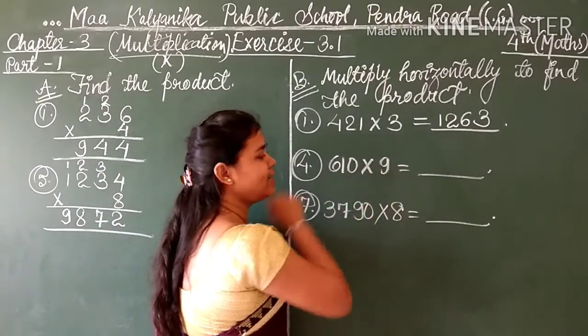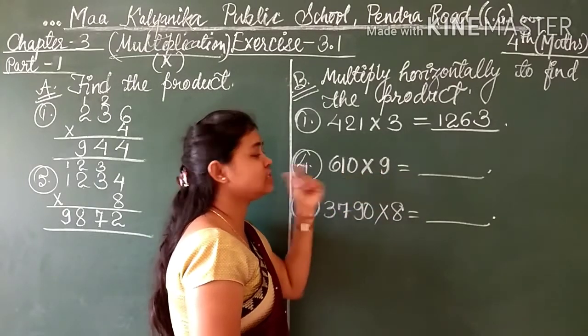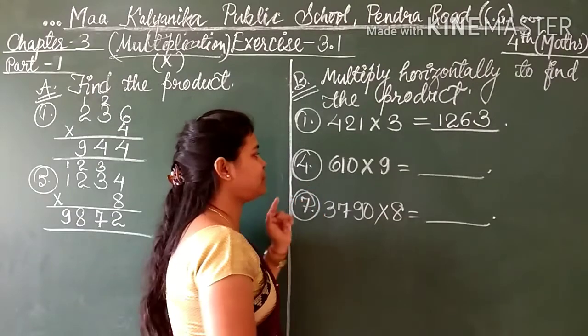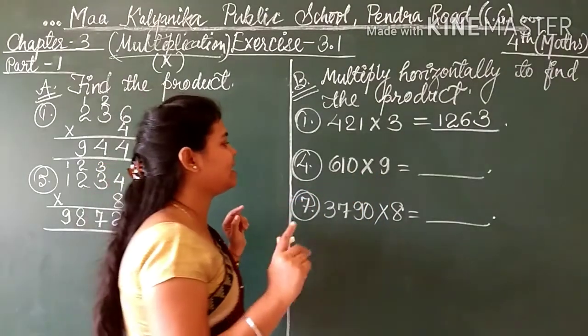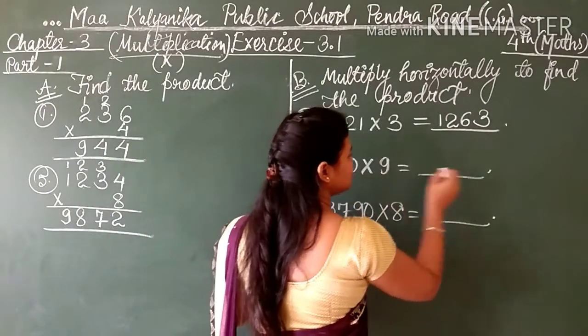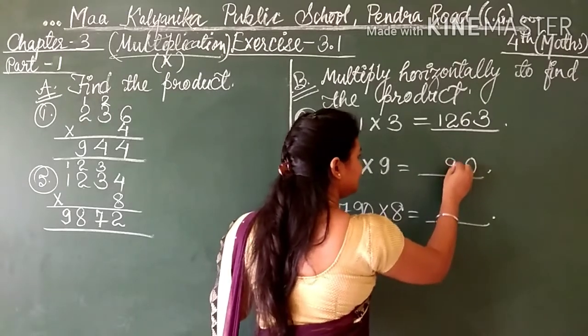610 multiplied by 9. So 9 with 0, then 9 with 1, then 9 with 6. We have to see the carry also if it is present. 9 zeros are 0. If we are multiplying with 0, we are getting the answer 0 only. Now 9 ones are 9.